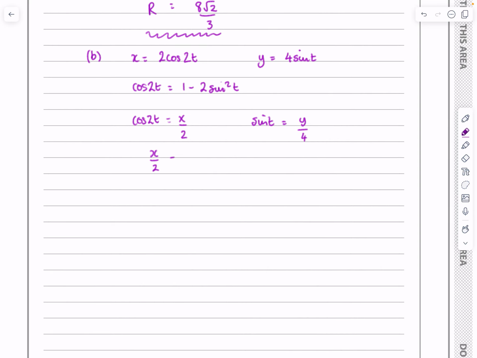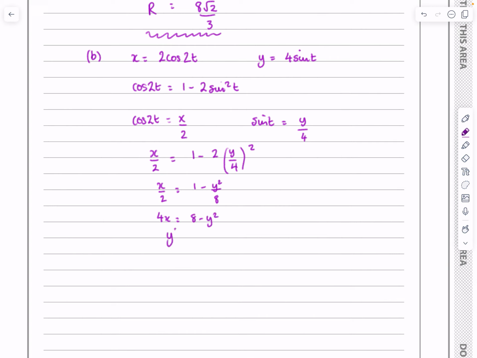X over 2, cos 2t, is equal to 1 minus 2 y over 4 squared, and now I just need to tidy this all up. So we get x over 2 is equal to 1 minus, what's that, y squared over 8 there. Multiply everything out. If you multiply everything by 8, I'm going to get 4x is equal to 8 minus y squared.